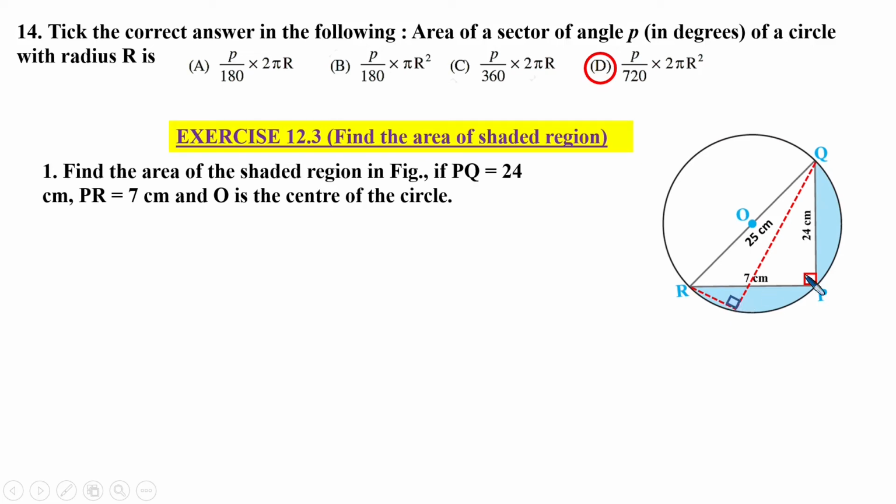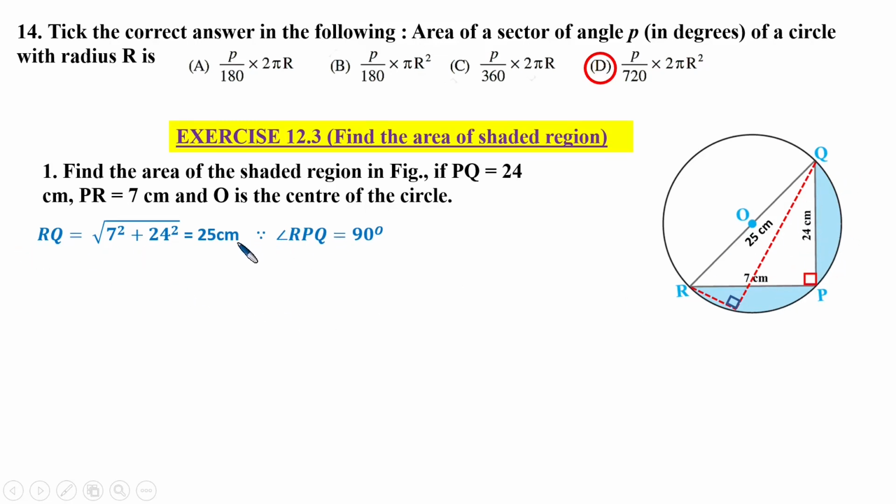If some other length were 24, then also it is, because from any point of a circle to the diameter, this angle will always be 90 degree, as we have seen in class 9. So go through my class 9 lectures on circles. If I know the area of this triangle and I know half the area of the circle, then half the area of the circle minus the area of the triangle will be the area of the shaded region. So that's what I have done.